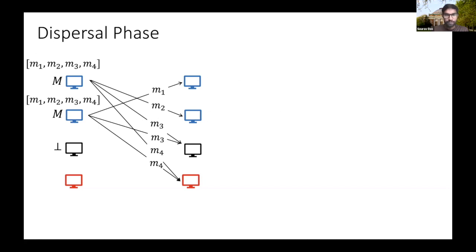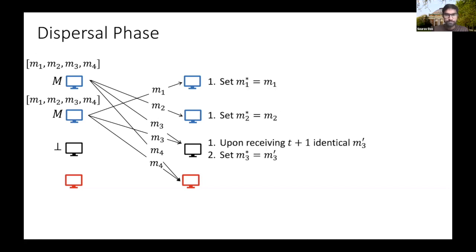So what will happen at the end of this dispersal phase? The nodes that start with the original message will set mi star to be the message that they have. Like mi star 1 will be m1, because they can locally compute m1. The interesting case is node 3. Node 3 waits till it receives t plus 1 identical m3s, and once it does, it sets m3 star to be m3 prime.